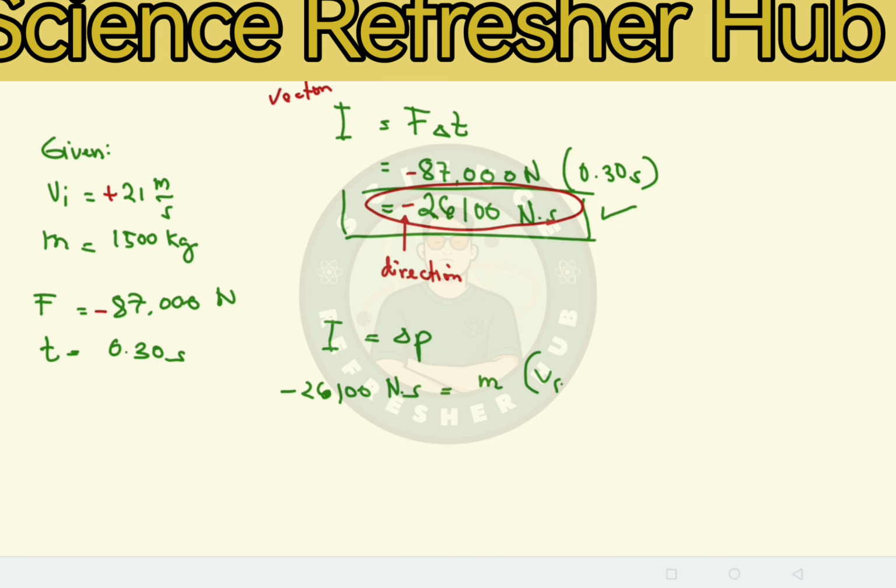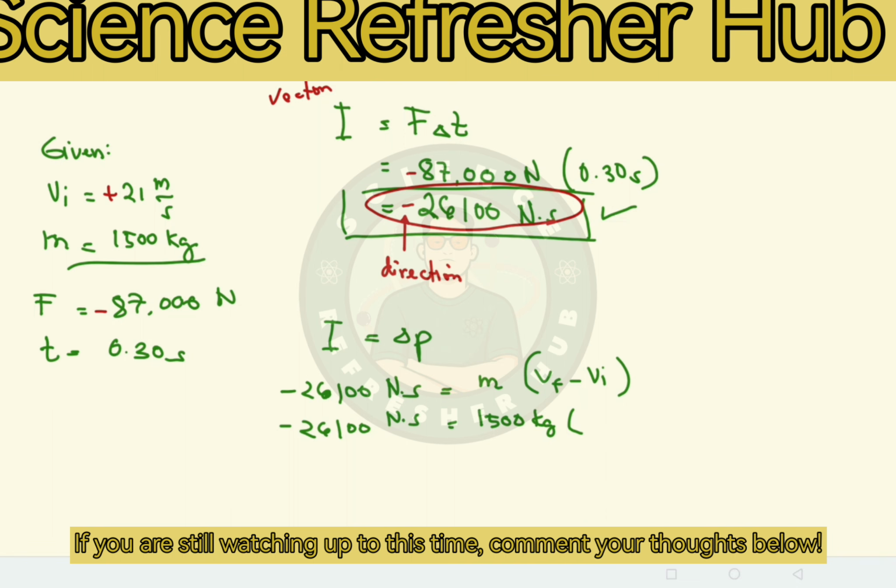The mass will not change, so we have to factor it out. Okay, let's copy this one. The mass of our vehicle is 1,500 kilogram, and we need to find the final velocity of it. We have the initial velocity. It's positive 21 meter per second.